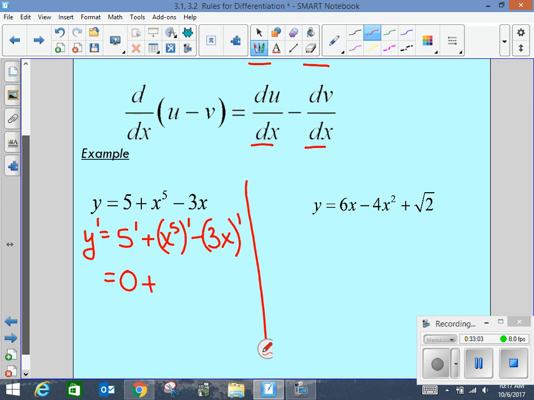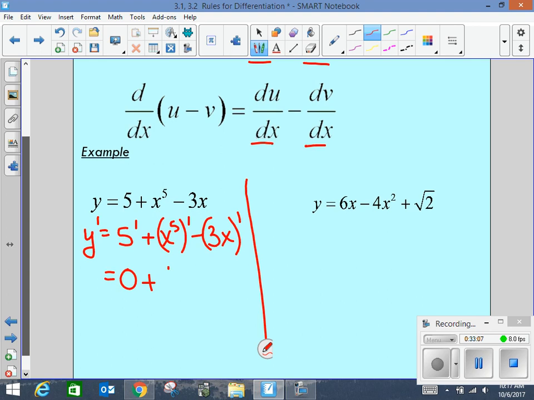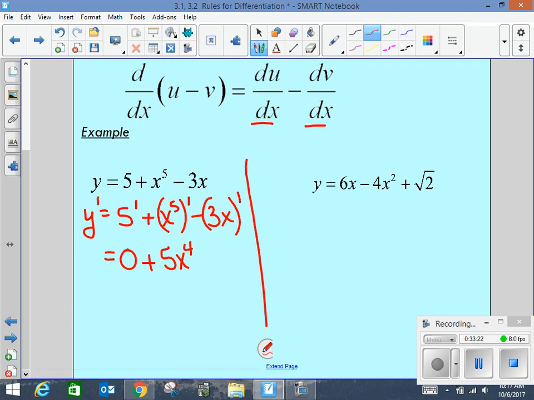What's the derivative of x to the 5th? 5x to the 4th. What's the derivative of minus 3x? Minus 3. Yep. The minus is just here.